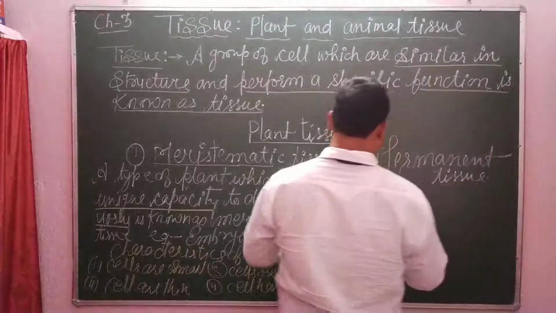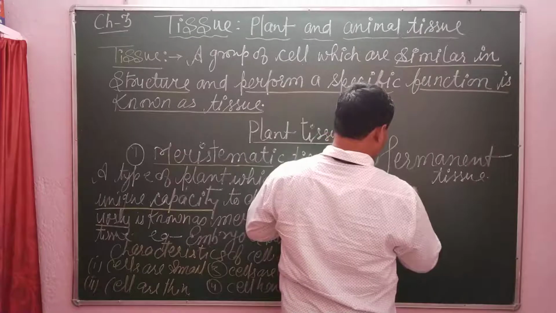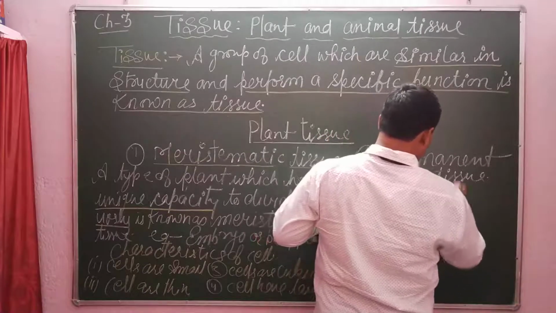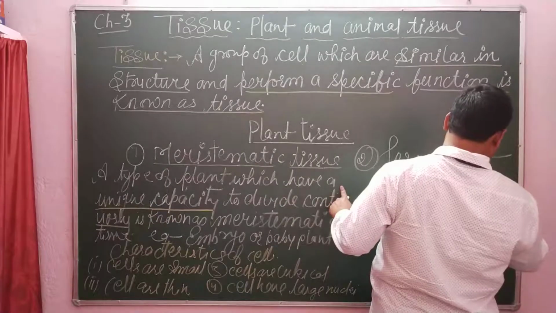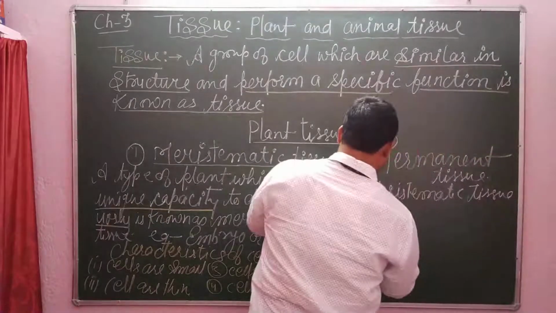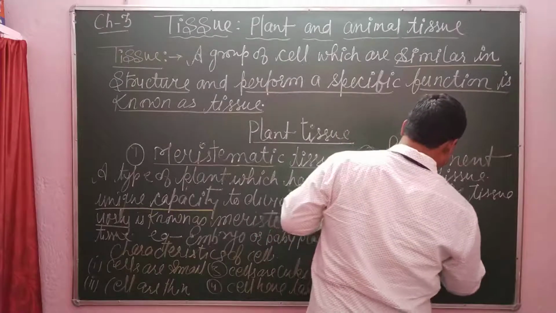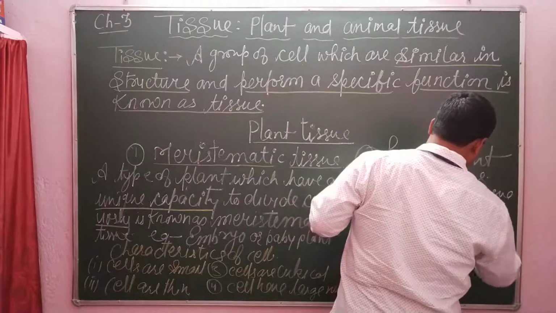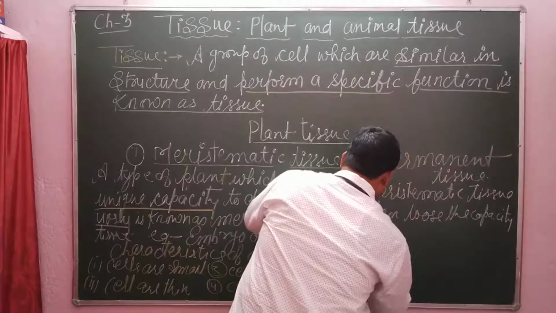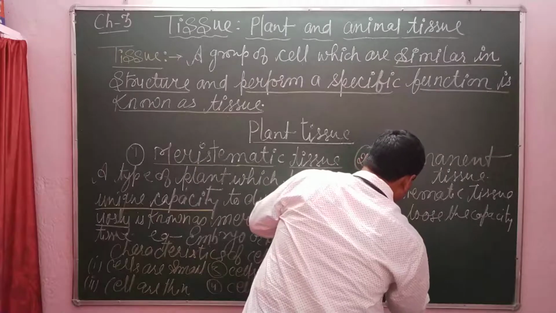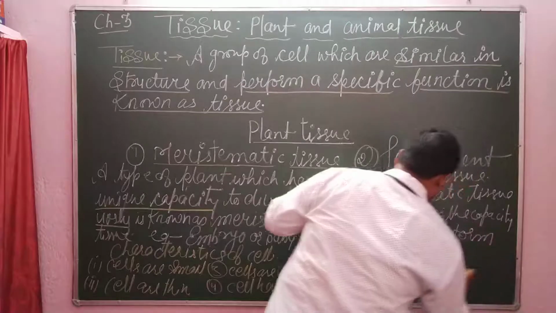So meristematic tissue, when it loses the capacity to divide, it forms permanent tissue.